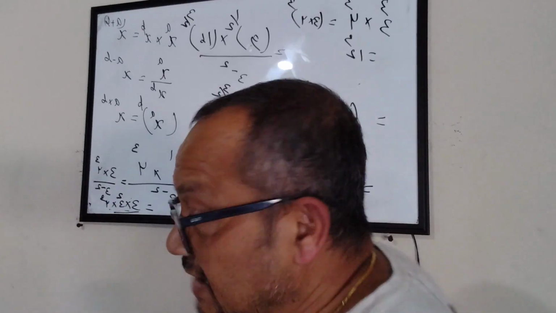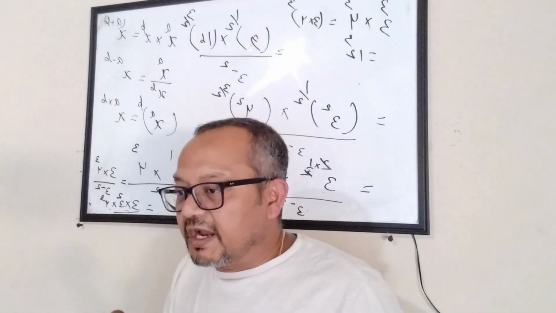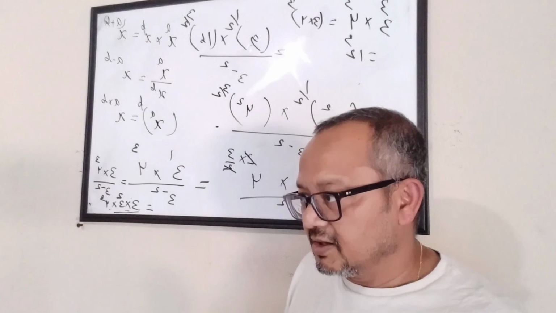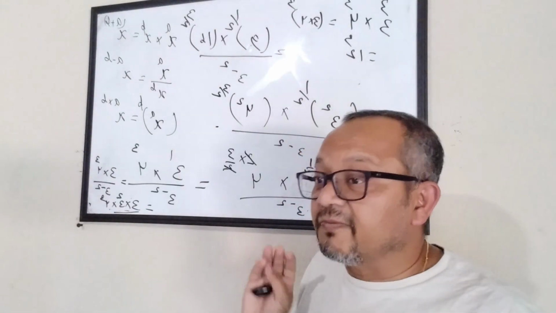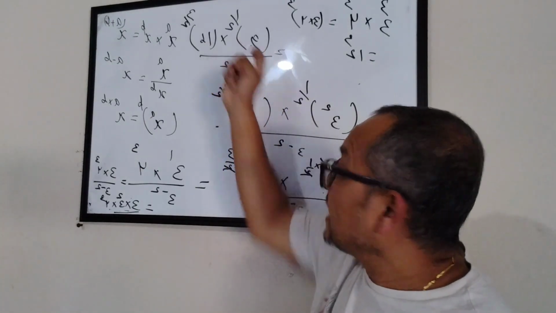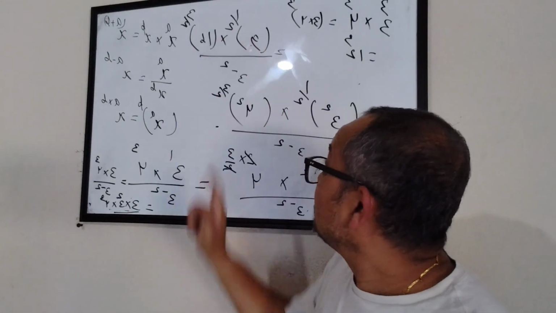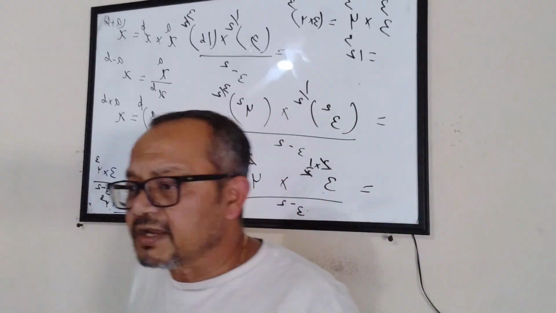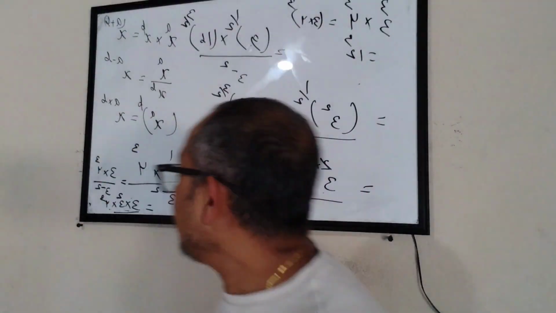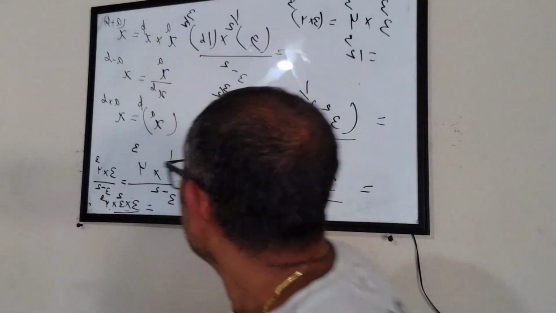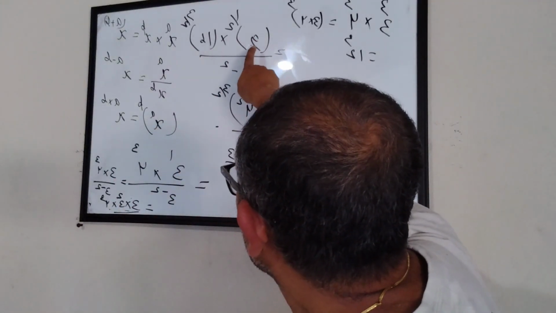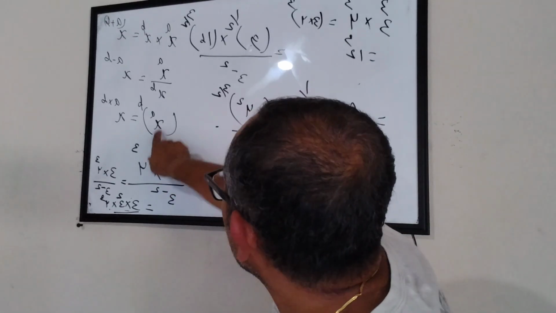So if you look at what I did, trust me, I did nothing. When I say nothing, I did not do any big calculation. I just simplified the problem. I had 9 to the power 1 by 2. But just by looking at 9, I can see that 9 is nothing but 3 square. I had 16. 16 is also nothing but 4 square. So I said, okay, fine, I can use this formula.